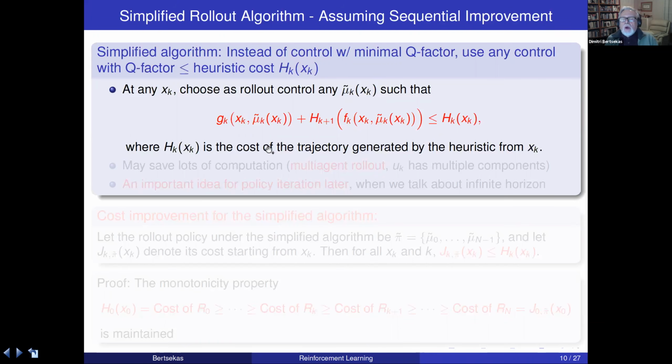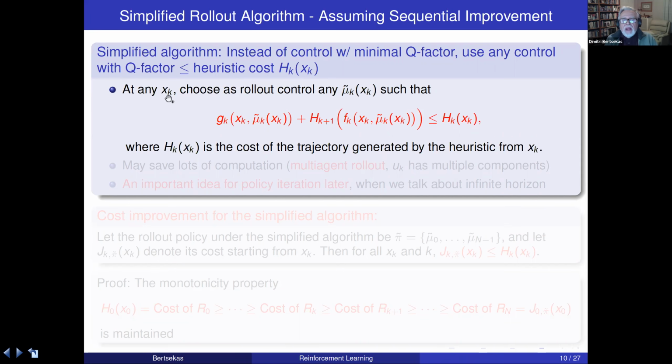However, we don't do a complete minimization over all Q factors. Instead of finding the control with minimal Q factor, we use any control that has a Q factor less than the heuristic cost. Not the minimal Q factor, just any control that has a Q factor less than the heuristic cost.